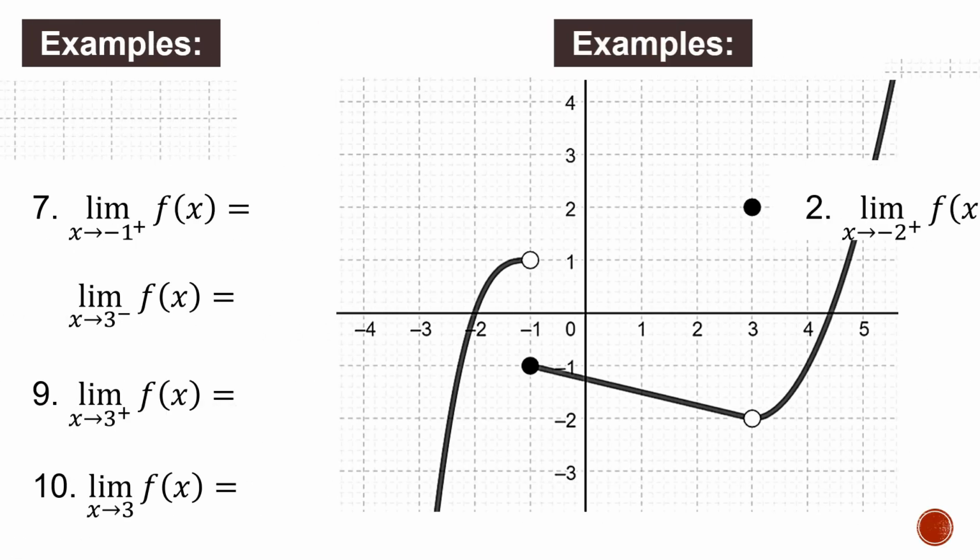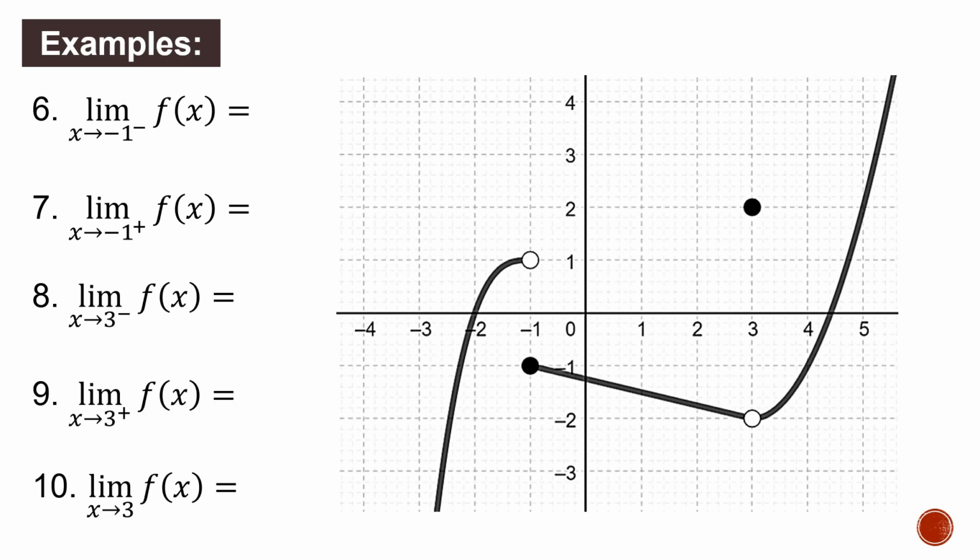All right, let me give you this example again. So what is the limit of f of x as x approaches negative 1 from the left? So this, I think that's positive 1. Limit of f of x as x approaches negative 1 from the right side.